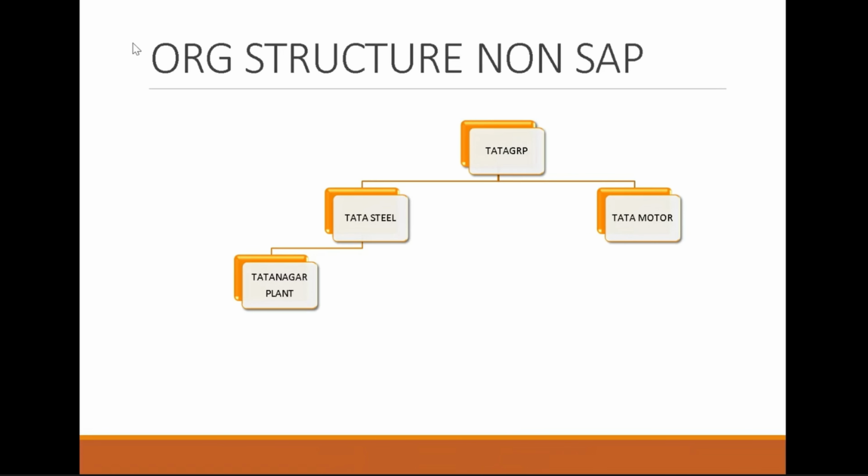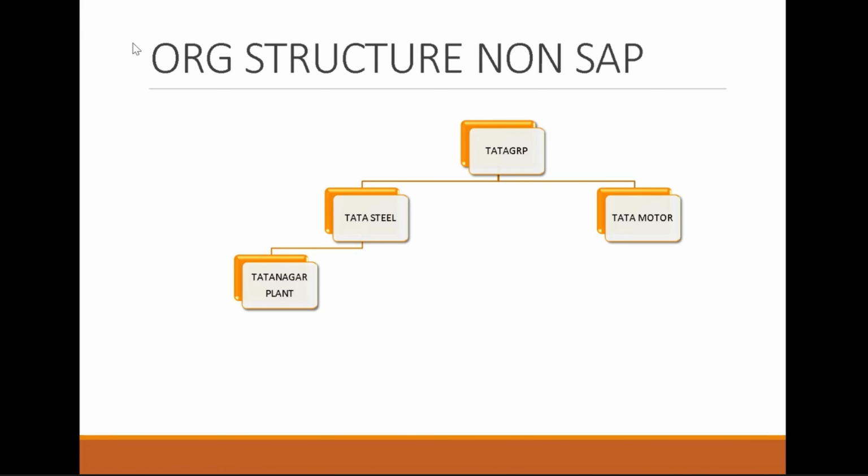Whenever there is a business, even when they are not using SAP, the organization units are still there, right? So here we are discussing how it will be without SAP, and when we are going to implement SAP, how we can configure that in SAP. The same organization structure, how we can configure it in SAP.